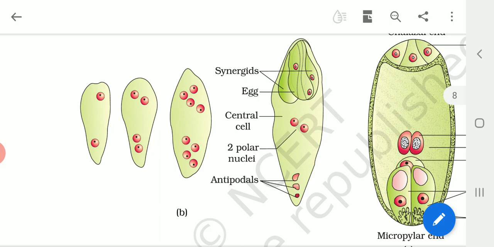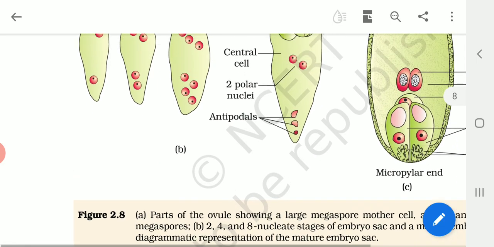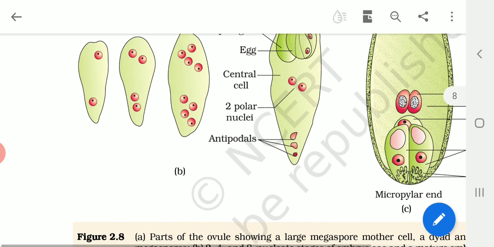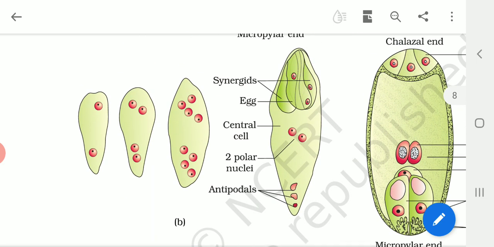Imagine this diagram, that is 2.8b. The first diagram shows that the nucleus has divided mitotically and given rise to two nuclei. Two more successive mitotic divisions will follow.